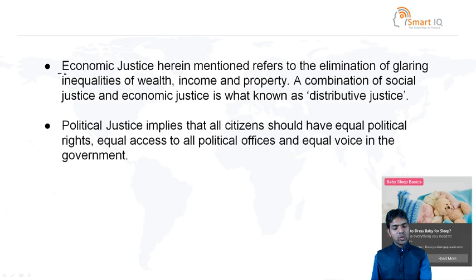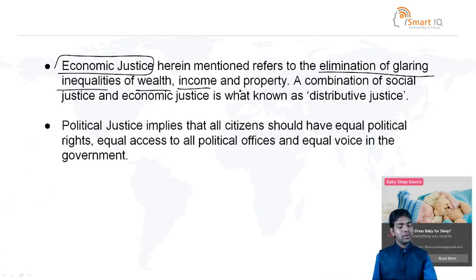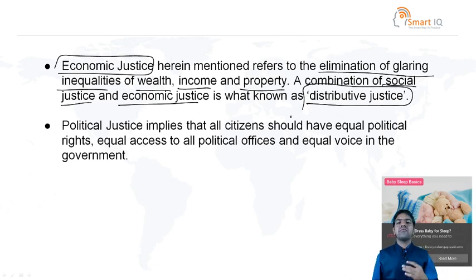So next is economic justice. Here it refers to the elimination of glaring inequalities of wealth, income and property. The combination of social justice and economic justice is what is known as distributive justice. Here it talks about distributive justice in a fair and equal manner, not an unequal one, where the rich become richer and the poor become poorer.